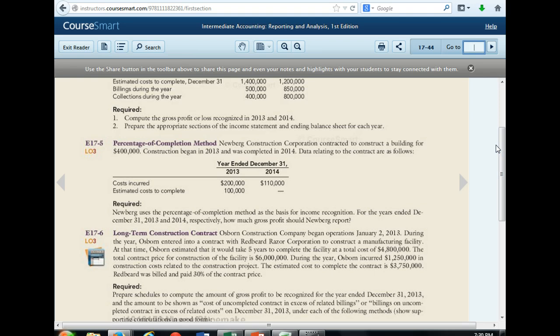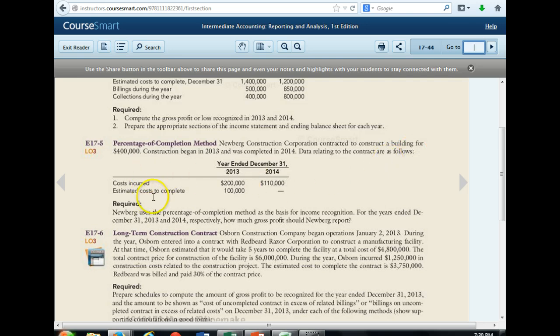Newburgh Construction Corporation contracted to construct a building for $400,000. Construction began in 2013 and was completed in 2014. Data related to the contract is as follows. So the contract to construct the building was for $400,000.